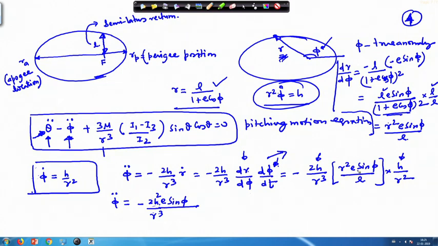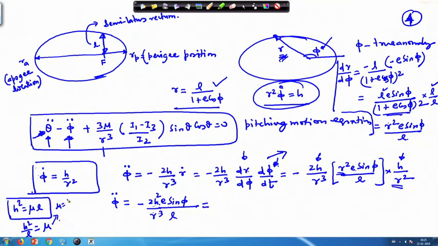So, 2 h square e sin phi, the r square and this r square cancel out. We are left with r cube and divided by L, and the relationship between h and L is, h square divided by L is nothing but mu, which is the gravitational constant of the earth.